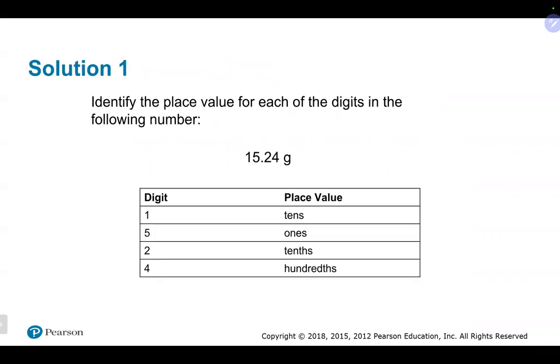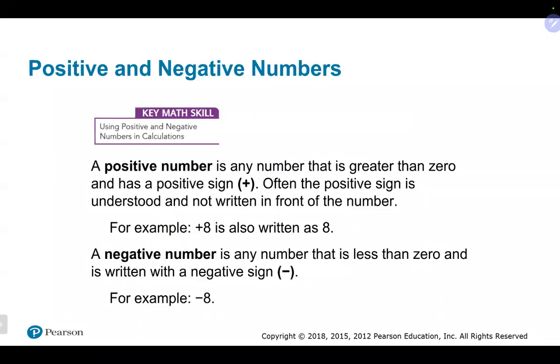All right, so if we look at this one here, 15.24 grams. The 1 there's the tens place. The 5 is the ones. The 2 is the tenths, and the hundredths place there would be the 4. Positive and negative numbers.